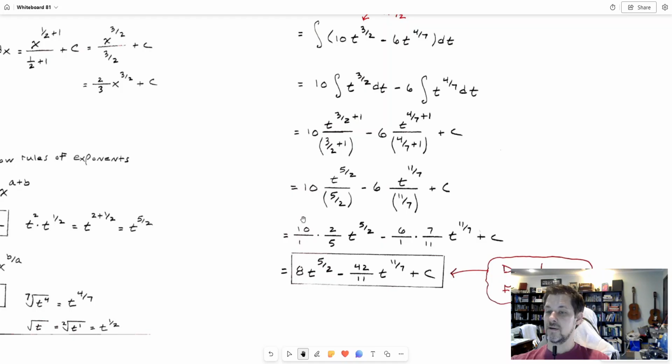I'll write 10 over 1 times 2/5. I got the 6. I'll write 6 over 1 times 7 over 11. Now, putting that all together, how do you multiply fractions? You multiply straight across. 10 times 2 is 20 over 1 times 5 is 5. Okay, so 20 over 5.